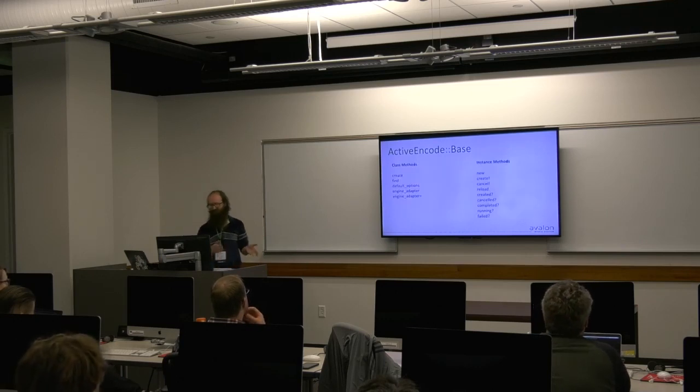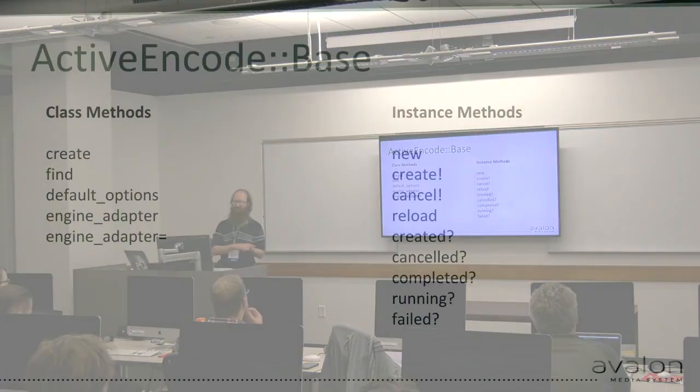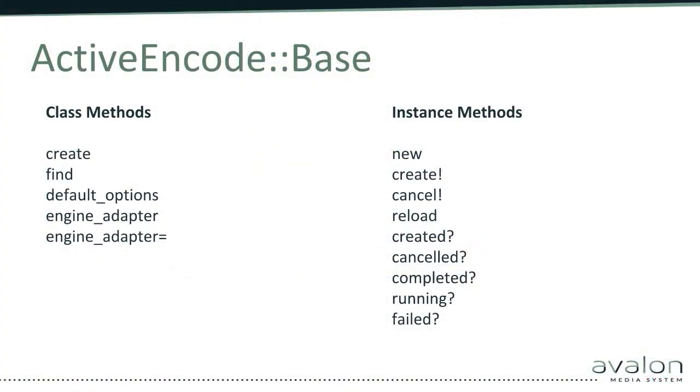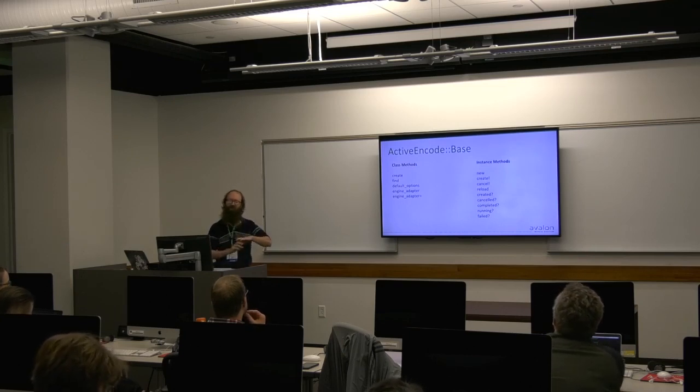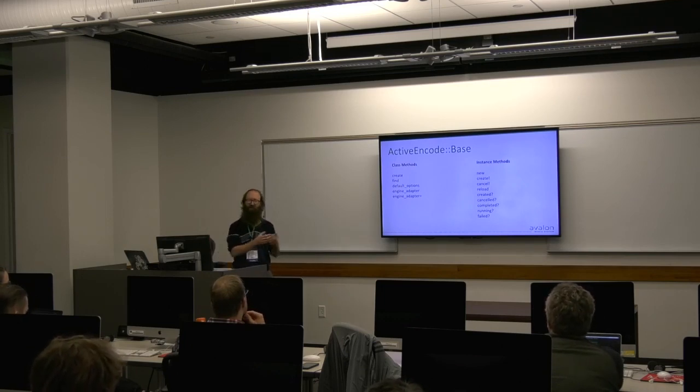But the basics of it: ActiveEncode base is this base class. As a class, it provides create and find, and setting the adapter and setting some default options. And then once you instantiate it, you can call create, which is different from new in the sense that create will actually send this encoding job request off to this external tool, this adapter.